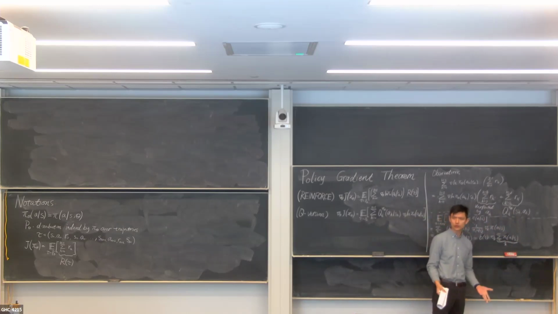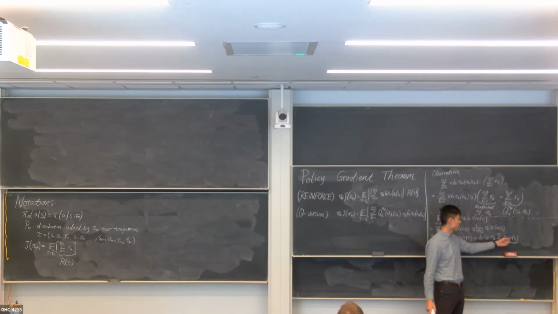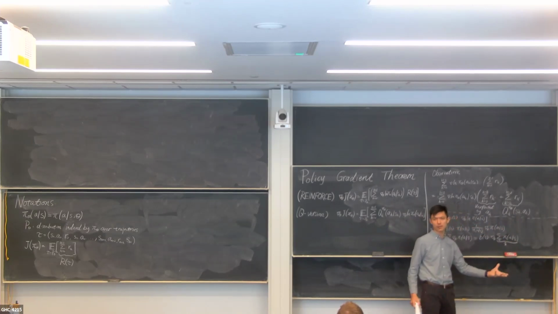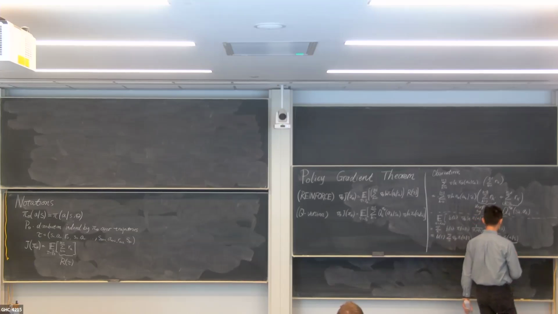Whatever policy you use had to sum all the probabilities to 1. I'm hiding all the parameters here, but no matter how you change a parameter, this sum of probabilities is constant. Therefore, the gradient is 0. So there's nothing happening there. It's a flat function. As a result, this thing is 0.